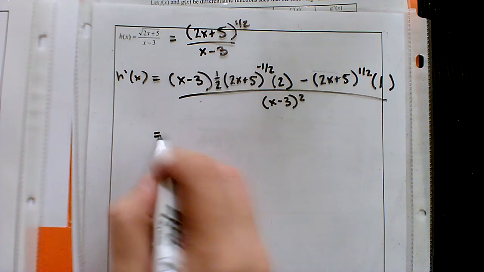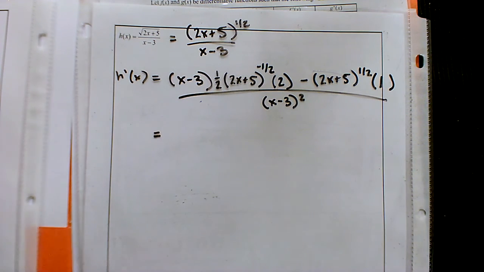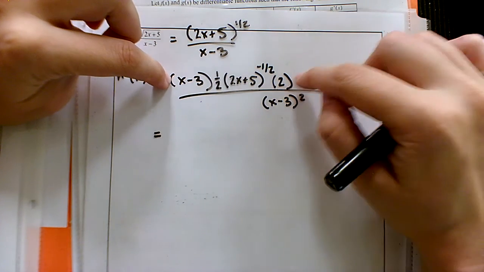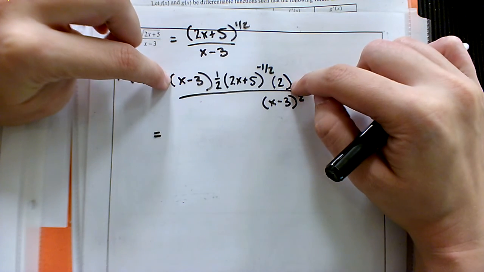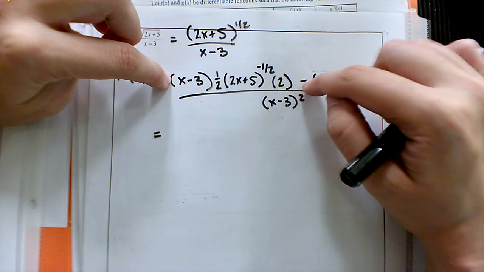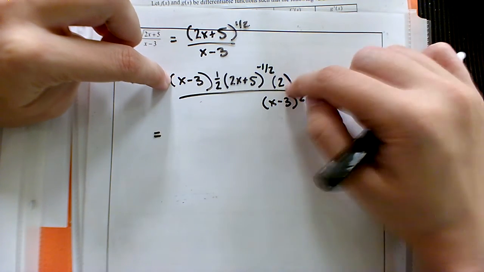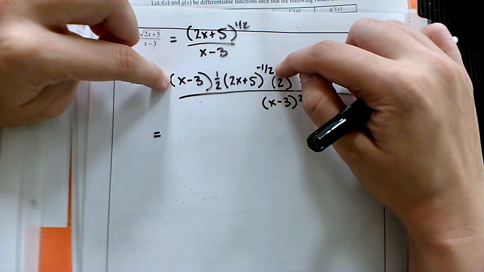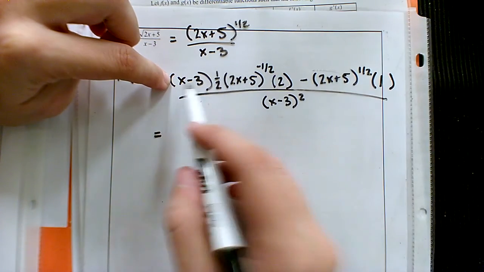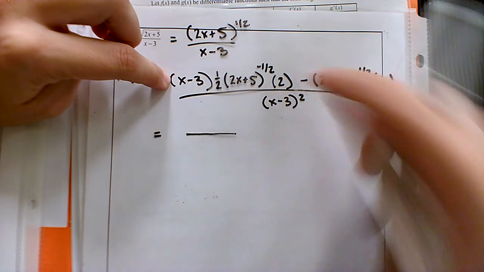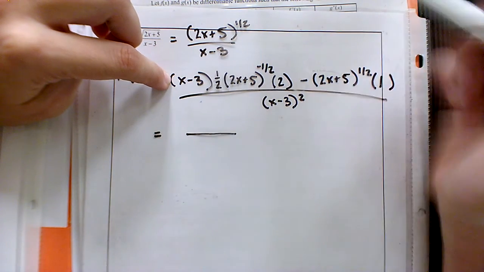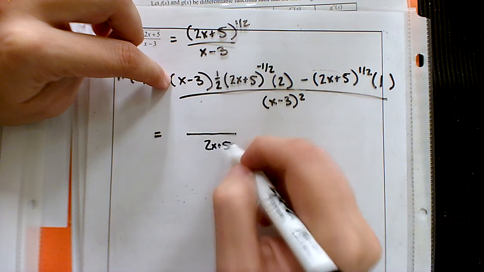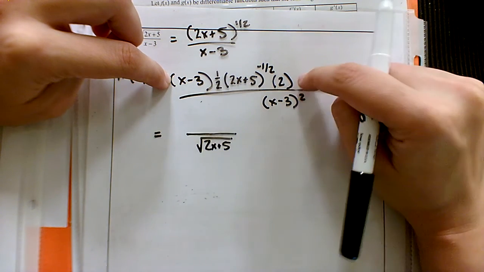All right, let's see if we can clean this up a bit. So just looking at the top portion, we can start with the 3 minus x and end with the 2, because all that stuff's being multiplied together, and then the next term comes after the minus sign. So we're going to simplify this part. I do see a negative power, so this term can become a fraction. We can move the 2x plus 5 to the bottom, and the power of 1/2 would be a square root.